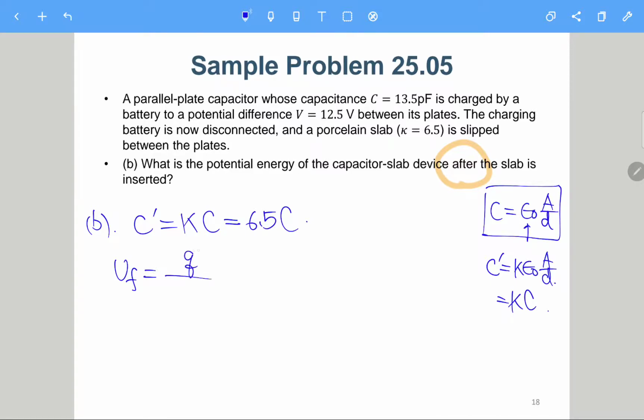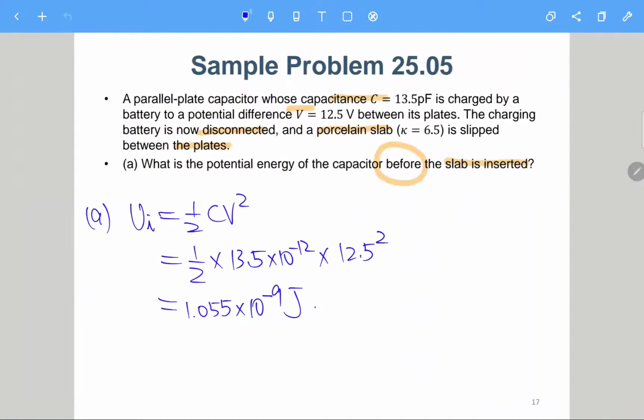the Q doesn't change. Actually, the V will change, because it tells you that it is disconnected. For that case, it is like we charge, there is some charge, positive Q on one side and negative minus Q on the other, and then disconnected.